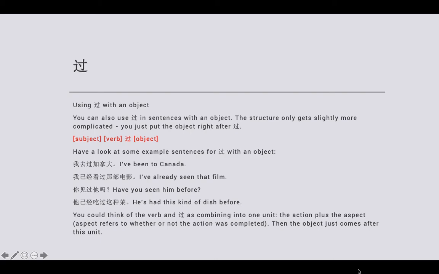Here the aspect refers to whether or not the action was completed. Then the object just comes after this unit.